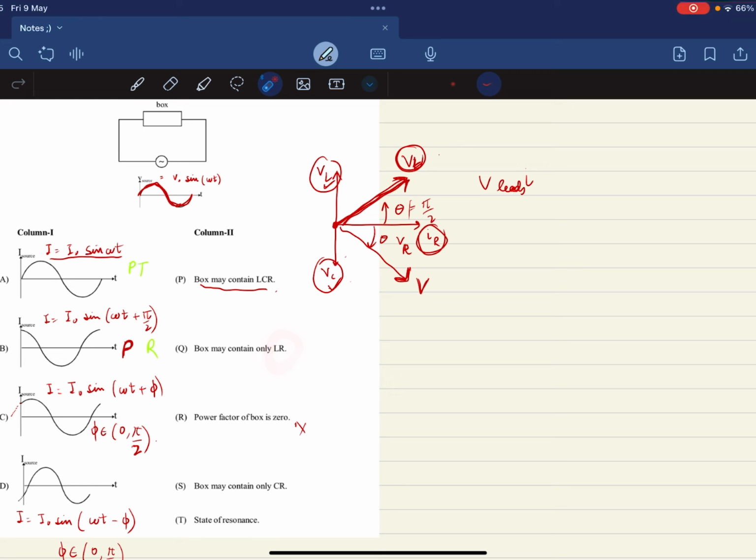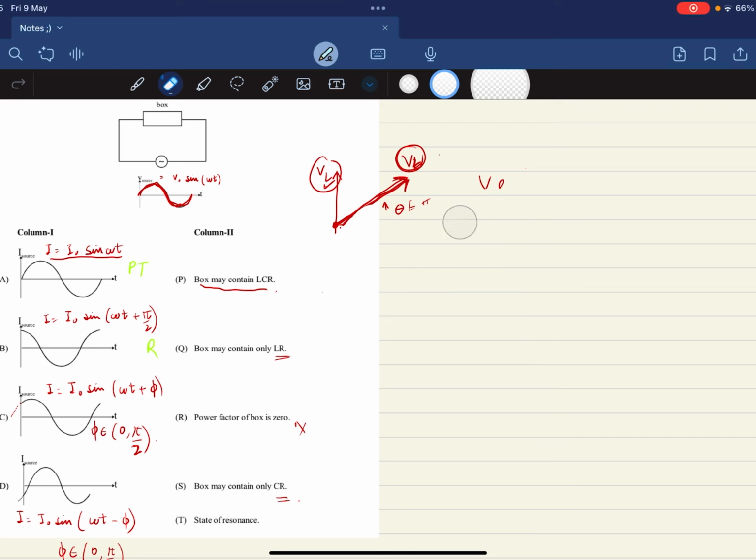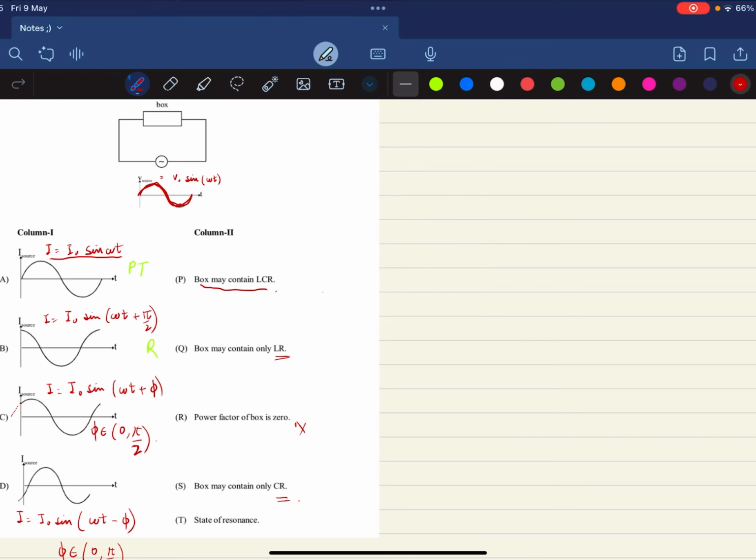So P is not the right option here. It is either LR or CR. Now we have to see whether current is leading or voltage is leading in the B part. So how we will test that? Let's find out together.